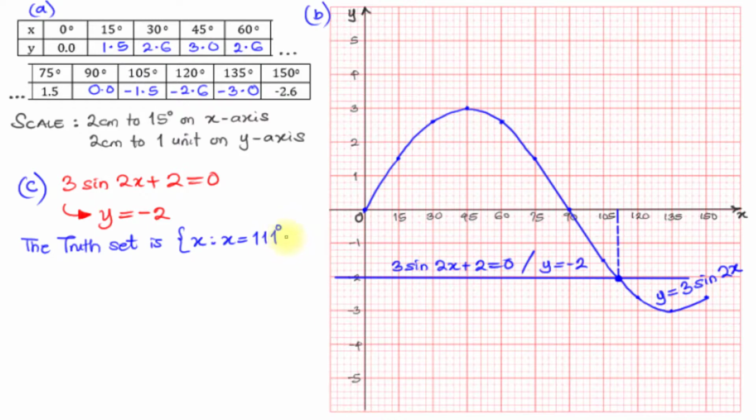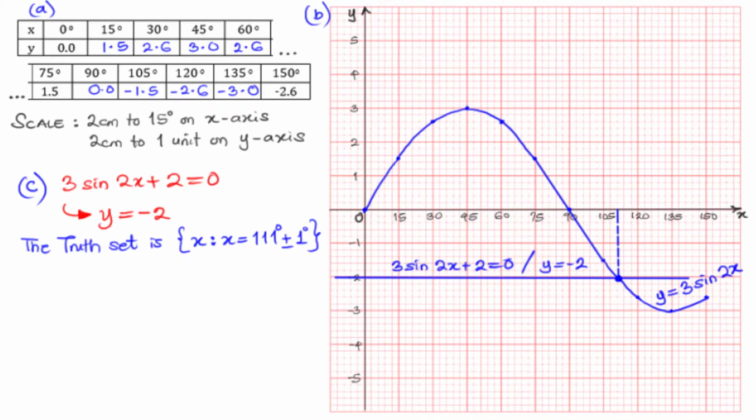To leave some margin for errors, you can say plus or minus 1 degree. Okay, so what I got originally was 111, but I'm just leaving a margin for error of 1 degree, and that will be the solution to 3 sine 2x plus 2 is equal to 0.